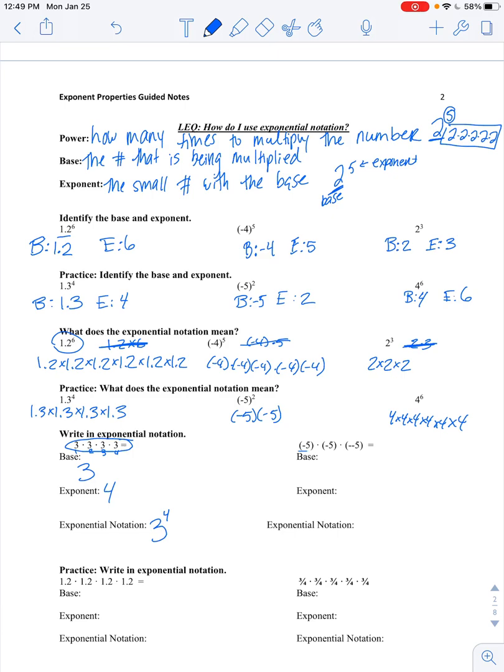Next one, -5 times -5 times -5. Your base is -5. Make sure you have those parentheses. That is very important. And then your exponent, there are 3 of them. So the exponential notation is -5 to the 3rd power. Okay, so go ahead and do the 2 practice problems.